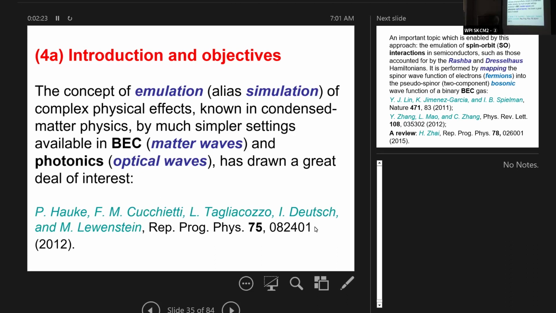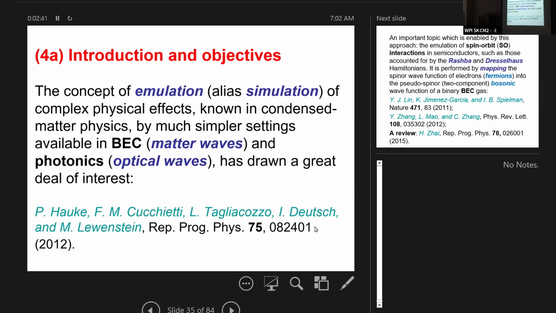it makes use of the effect, it aims to stabilize 2- and 3-dimensional solitons in Bose-Einstein condensates, so matter wave solitons, by means of a specific effect, which is called spin-orbit coupling.